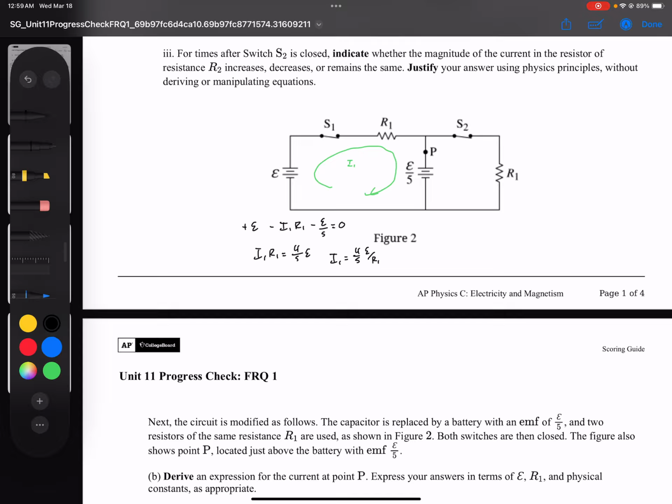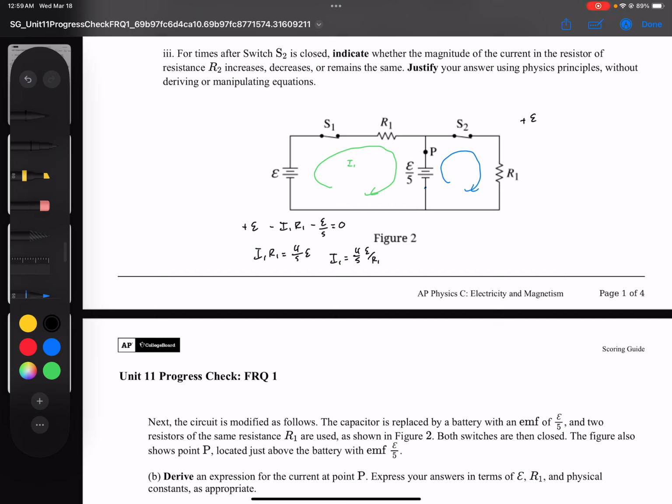So now let's do the right-hand loop. I'm going to do this in blue. I'm also going to draw a loop going clockwise. And I'll just start from the negative terminal of the battery just because it's a habit. Since I'm starting from the negative terminal of the battery over here on the right-hand loop, the electric potential is going to increase.